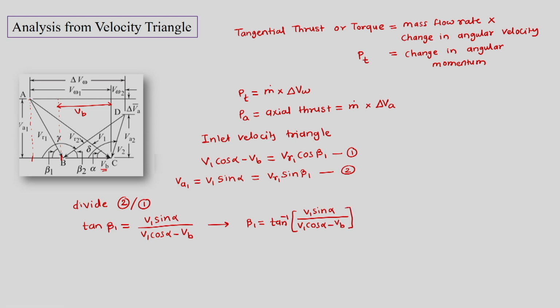Then we can go to the exit velocity triangle. For the exit velocity triangle, we can similarly write down that V2 cos of 180 minus delta, which is this distance, is VW2.